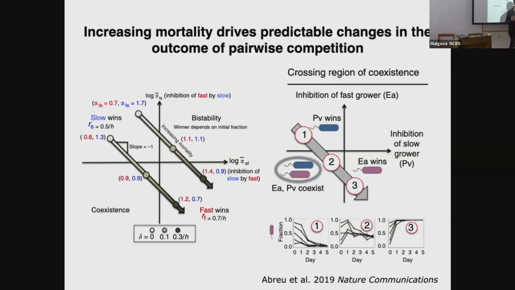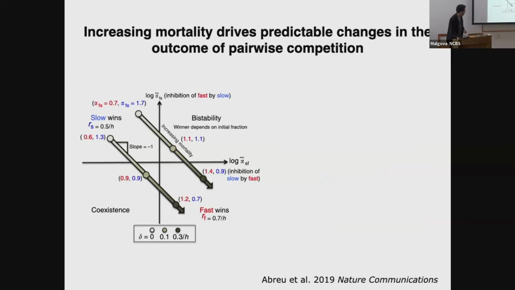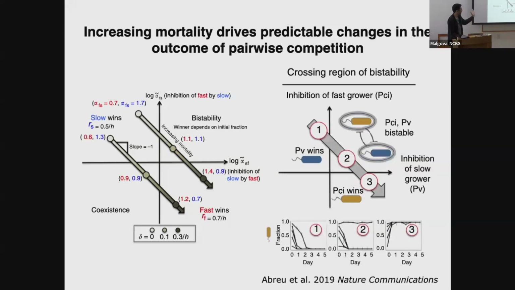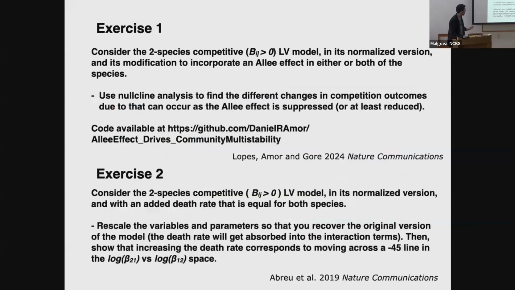And if we increase a lot the death rate, then the fast growing species will win the competition. And they could do this for different pairs. So instead of crossing through the coexistent phase, it will cross through the bistable phase for the species. Okay, so here are the exercises that I propose.